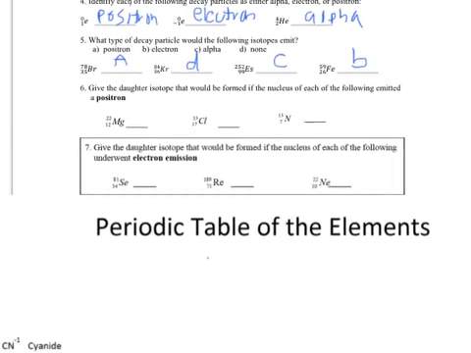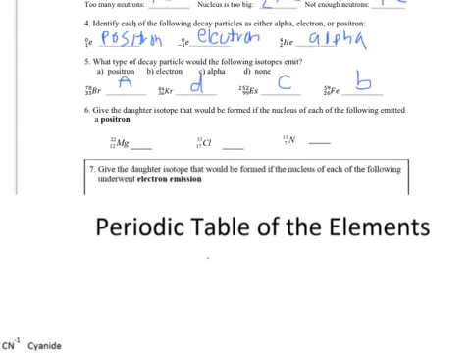Let's keep going. Alright, give the daughter isotope that would be formed if the nucleus in each of the following emitted a positron. So let's just consider what's going to happen here. Magnesium is going to spit out a positron, and a positron looks like this. So what we're going to spit out is a particle that has a mass of 0 and a charge of 1. When something is emitted, it leaves the nucleus.